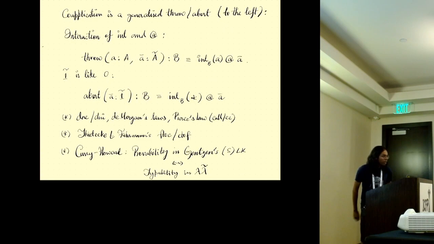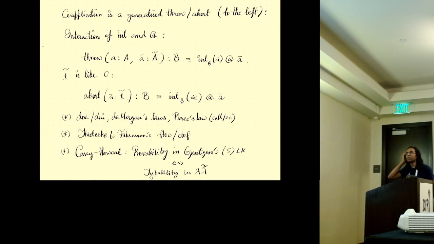And so lambda bar is a generalized call CC, and co-application is the lambda bar application, and it's how you get a generalized throwing mechanism.